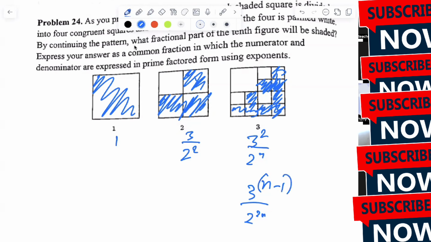And the denominator should actually be 2 to the 2n minus 2, because we're going at the same rate as 3 to the n minus 1, but the exponent on 2 is twice as big. So from there, place 10 in, which gives us 3 to the 9 divided by 2 to the 18th. And that's going to be our answer.